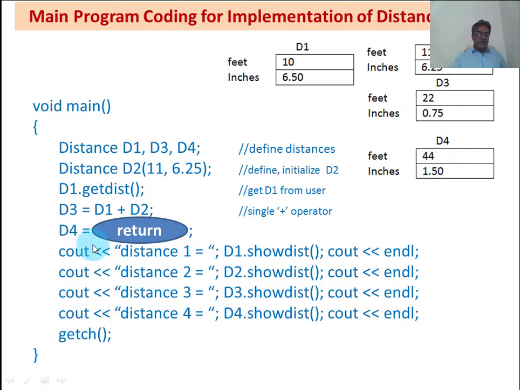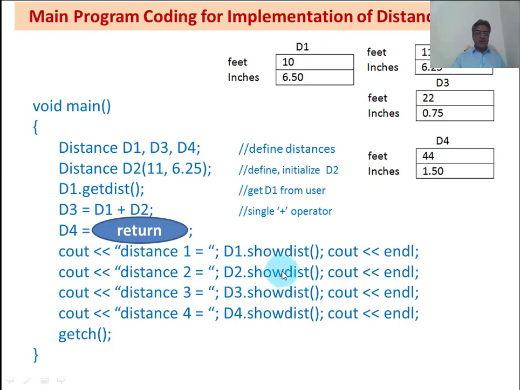In the next four lines you may see here, d1 will call the showDist function, and showDist will display the value of the d1 object. The value of d1 object is 10 feet and 6.5 inches.